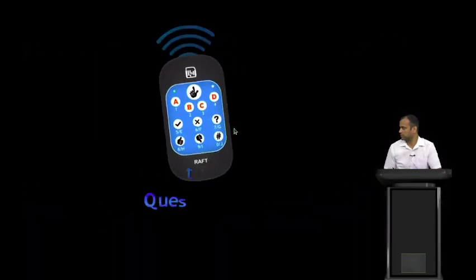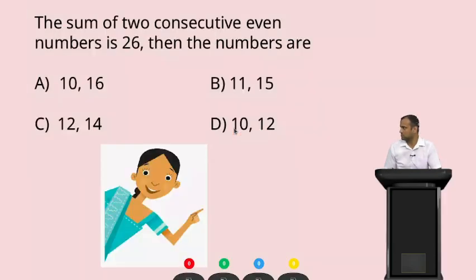Okay, again question time for you. The sum of two consecutive even numbers is 26. So here you have to make an equation and then solve this one. Your time starts now.